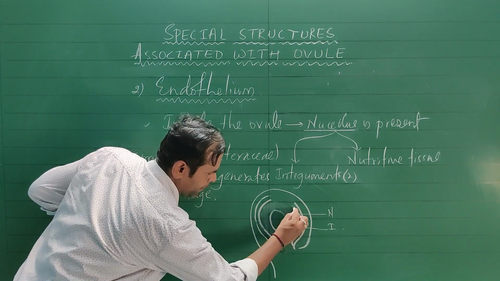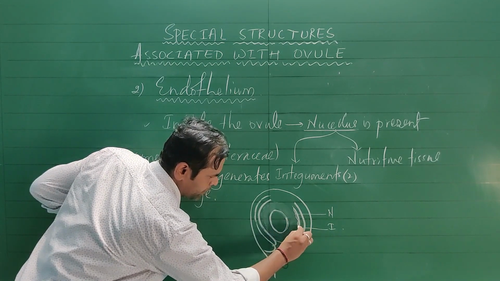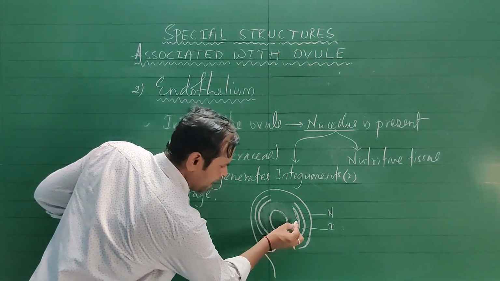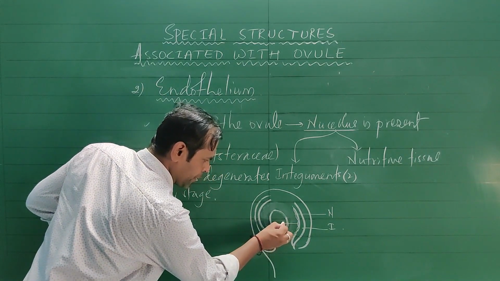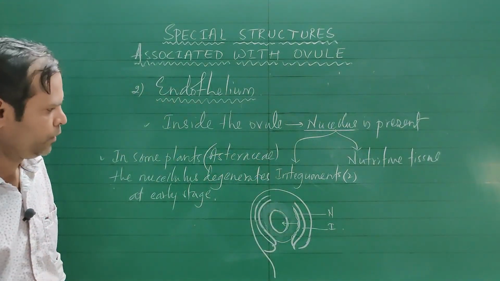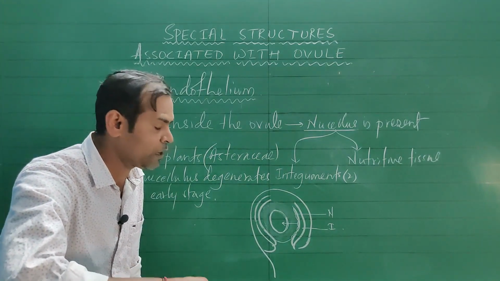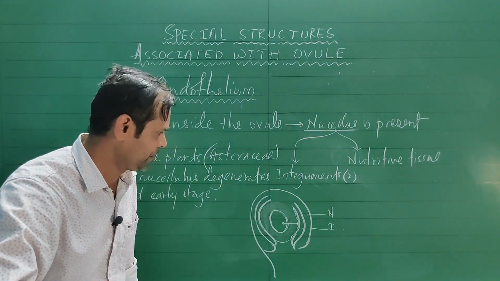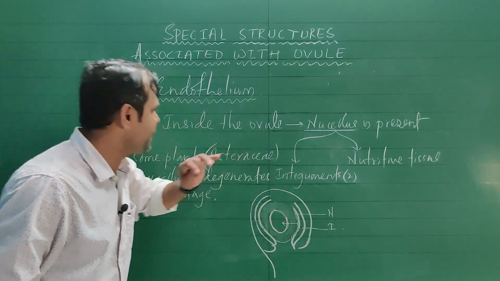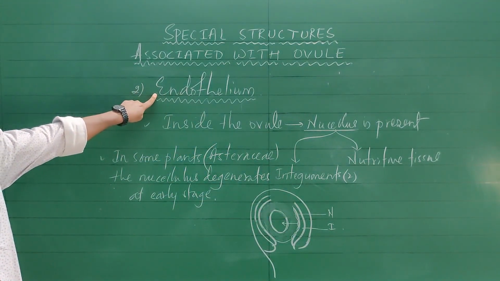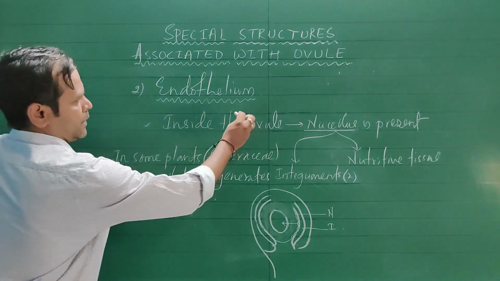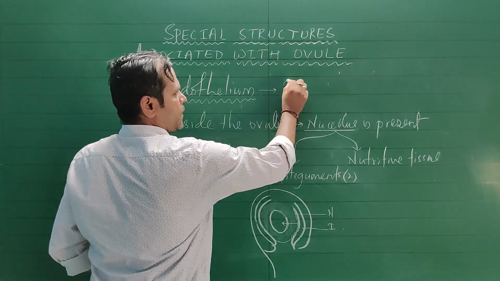The inner integument forms a layer of cells. Now this layer of cells provides nutrition to embryo sac. So the layer of cells formed by inner integument is called endothelium. So what is endothelium?